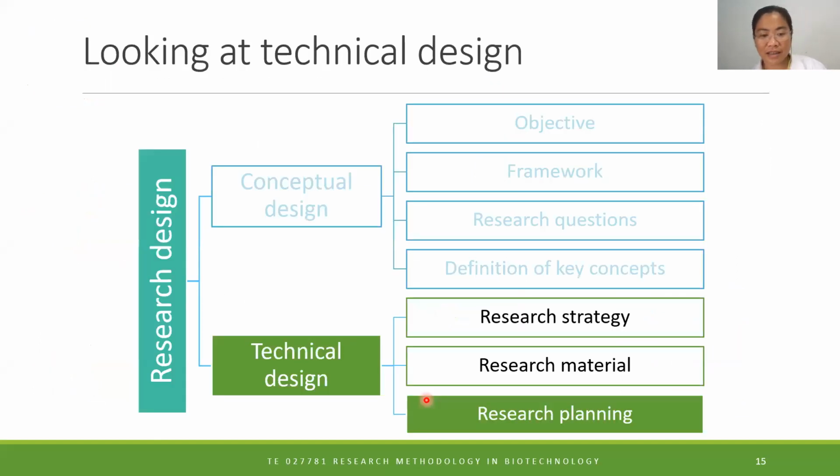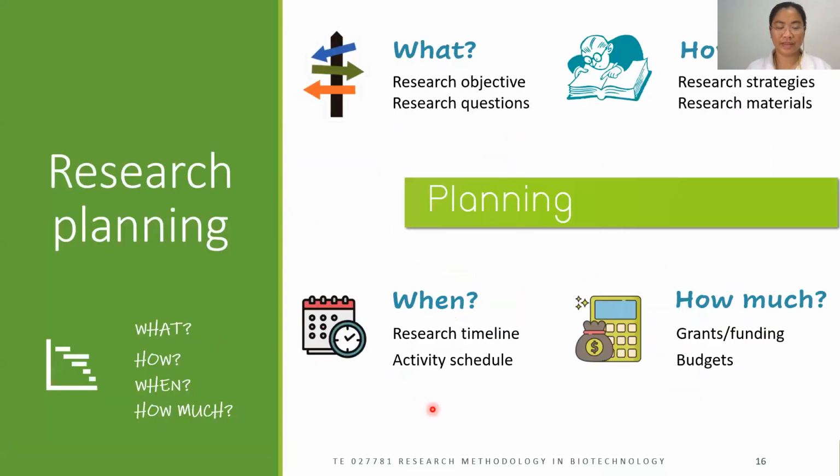The last point about technical design is research planning. Now we are talking about the planning in itself. When you plan, for the previous topic, we talked about the strategies already.